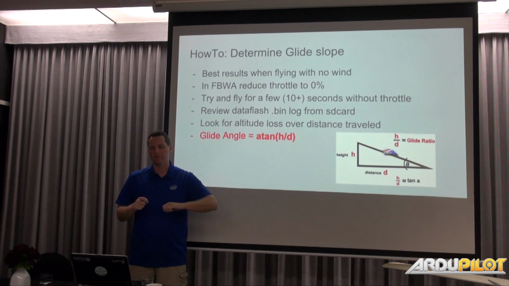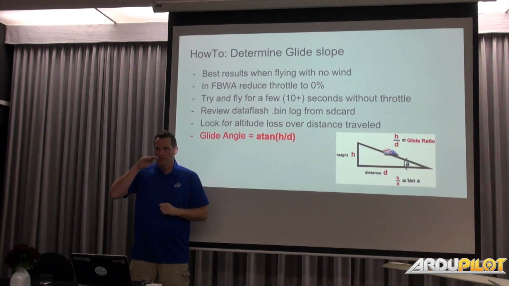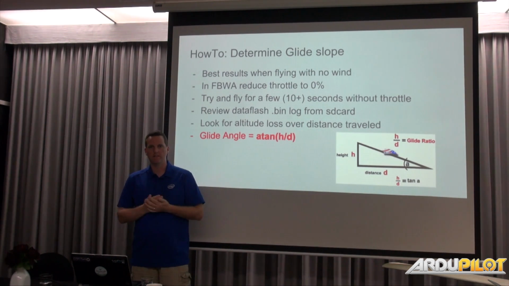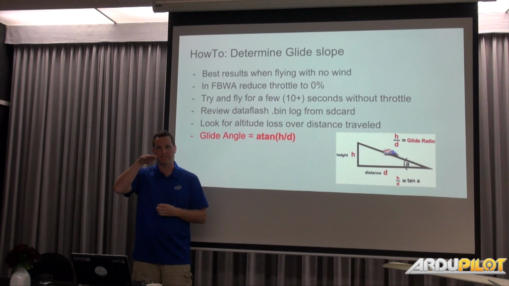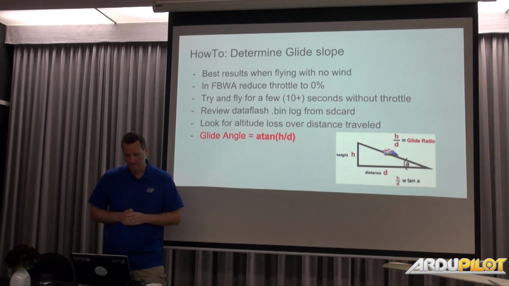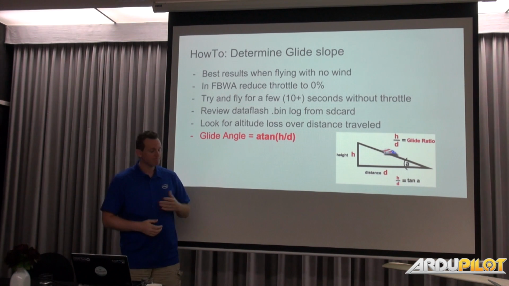Then you try to level it off, and it'll keep going, but you'll lose altitude. The idea is to lose some altitude while keeping your airspeed going, and then see how much you drop, and that ends up being your glide slope. It's just height over distance, and ends up being pretty straightforward, just the arctan of that.